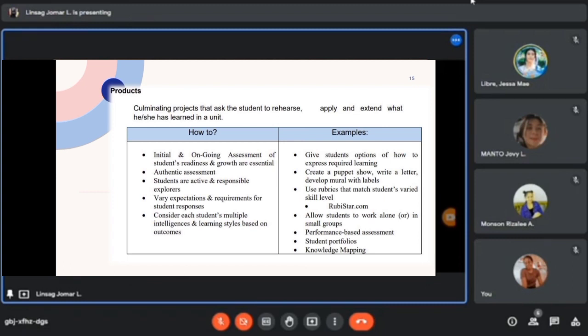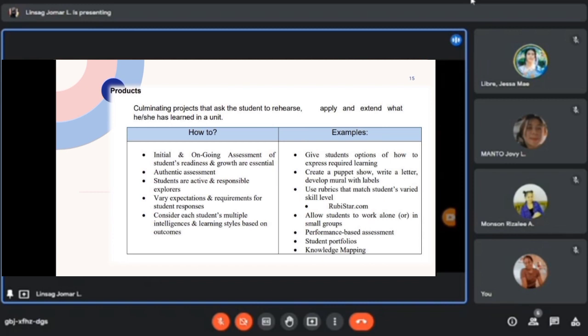Next is authentic assessment, and students are active and responsible explorers. Vary expectations and requirements for students' responses. Consider each student's multiple intelligences and learning style based on the outcome. So these are the examples.